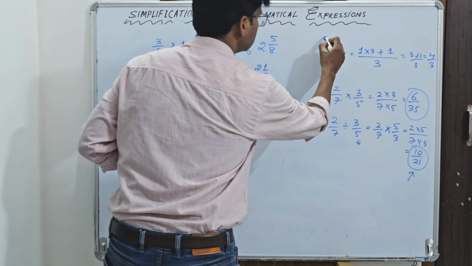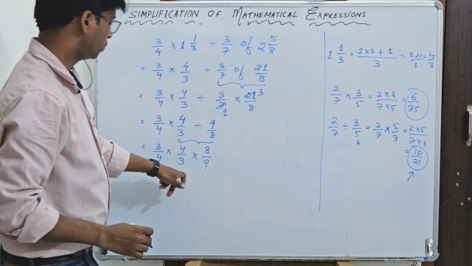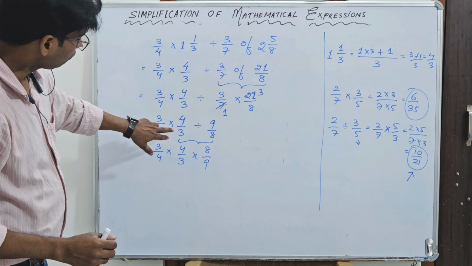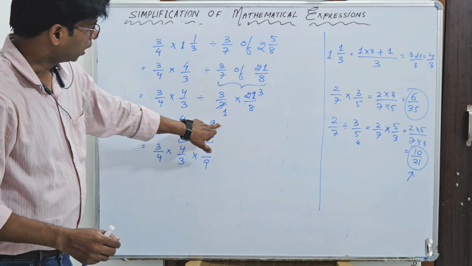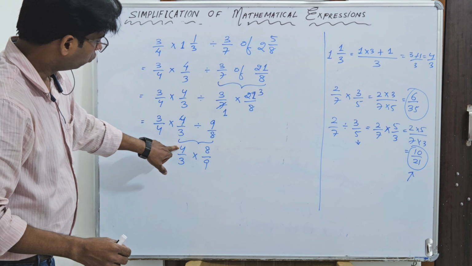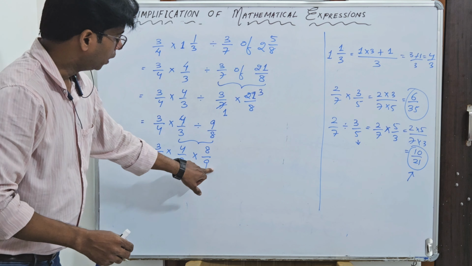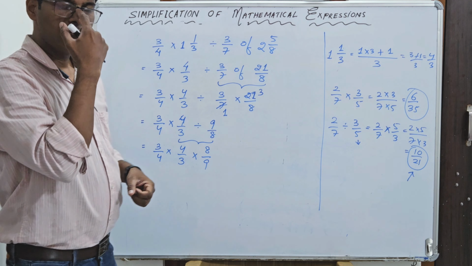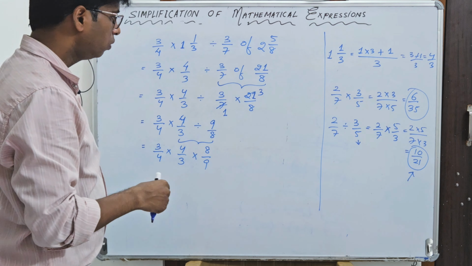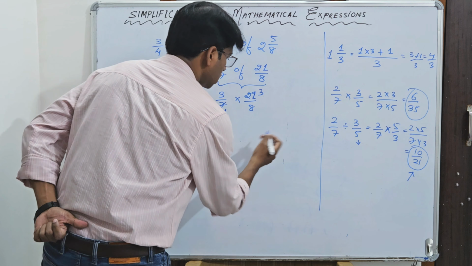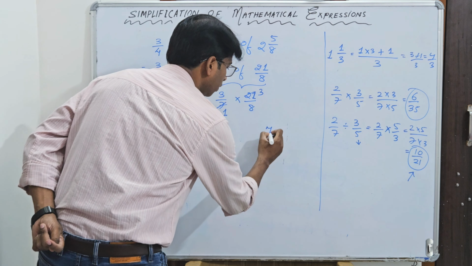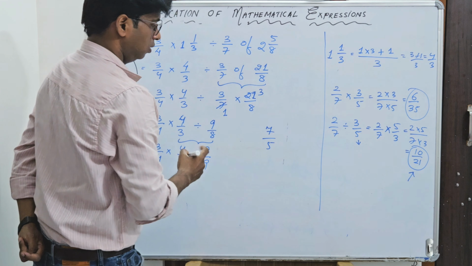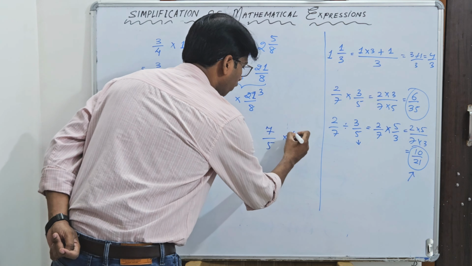So like that, same case, here you have to see. 4 by 3 is divided by 9 by 8. What we are doing here? 4 by 3 into 8 by 9. 8 by 9 is the reciprocal of 9 by 8. Do you know what I mean by reciprocal? The reciprocal means if 7 by 5 is a fraction, its reciprocal is 5 by 7.